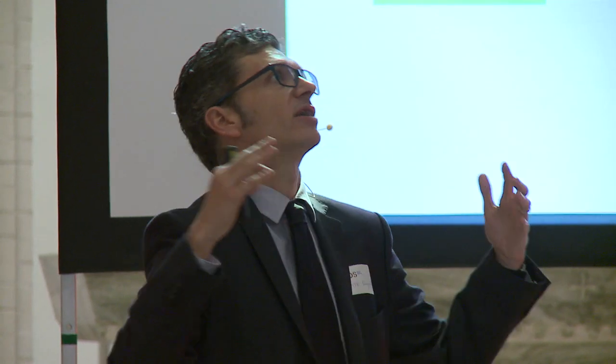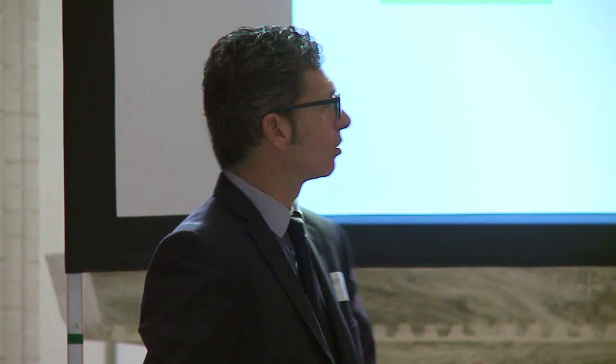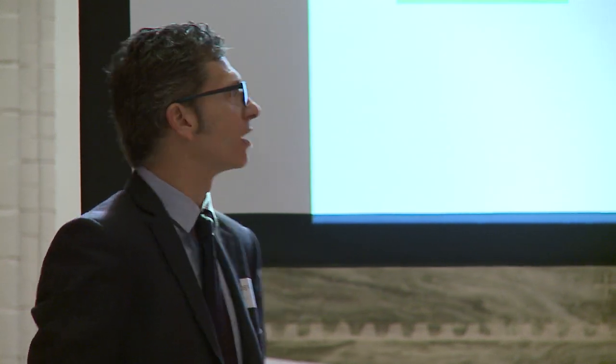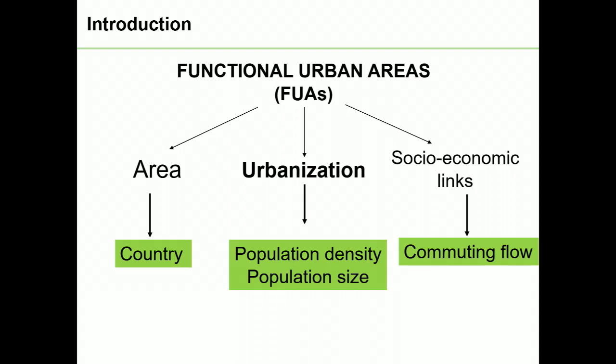I know that there are some cities or economic spaces that are on both sides of the frontier, but in practical terms, it's very complicated. So let's say we concentrate on a specific area. Next, we define a city in terms of density, you have to be dense enough, and population size, a minimum size, 50,000. Well, why 50,000? In some African countries, when we look at the World Bank data set, we see that 10,000 inhabitants can be a city. And in some countries, even just 2,000 we can say is an urban area.